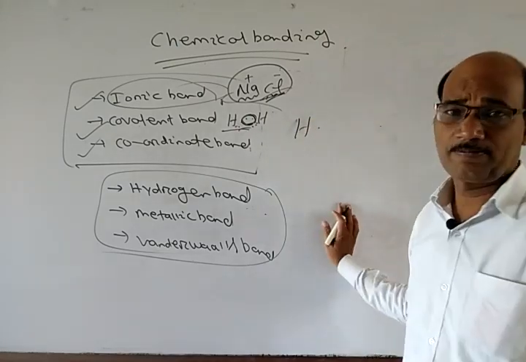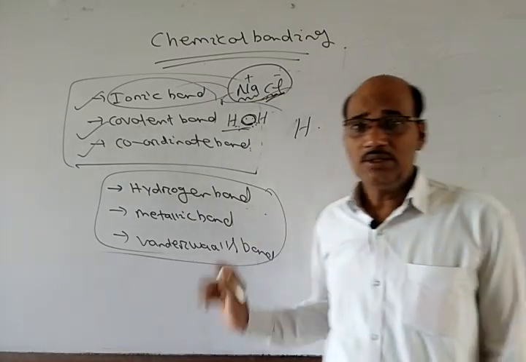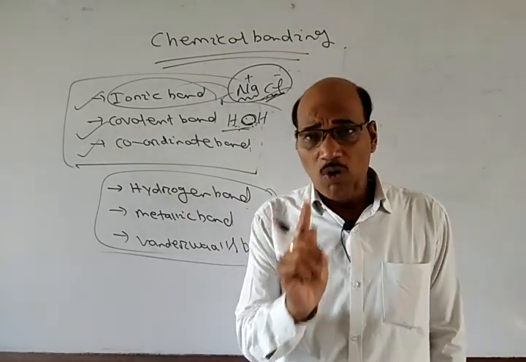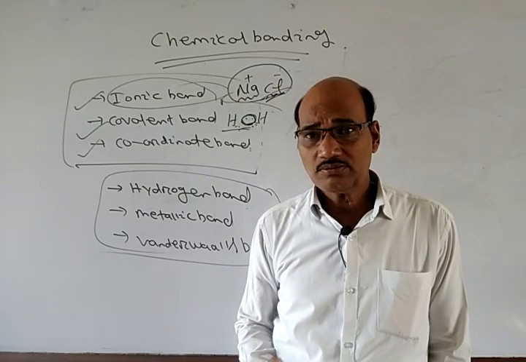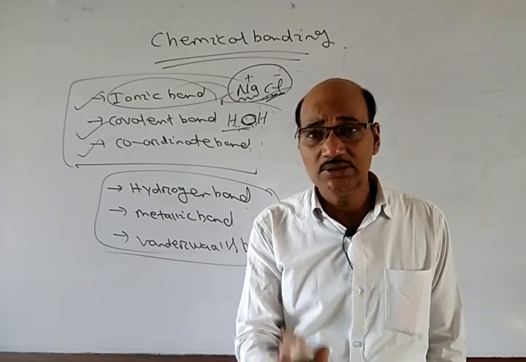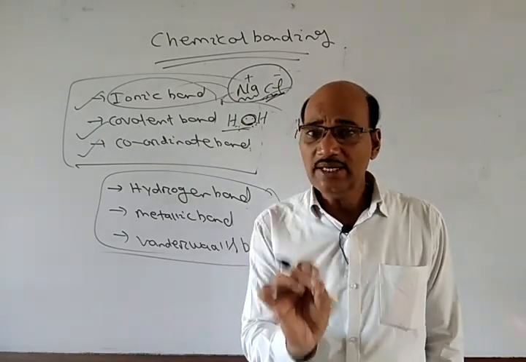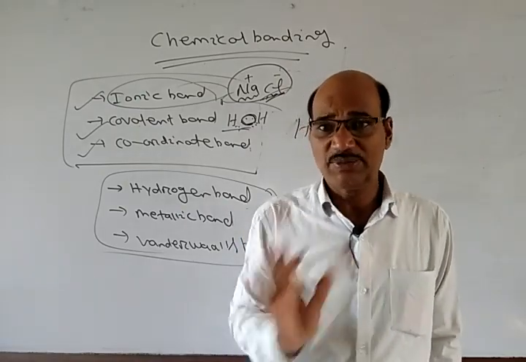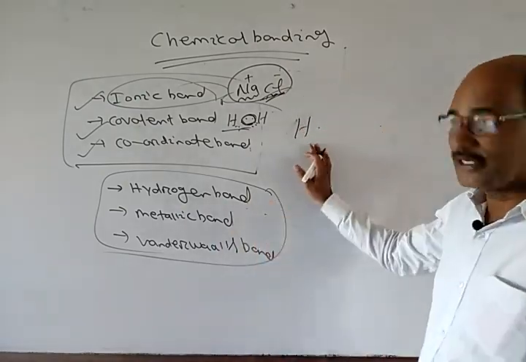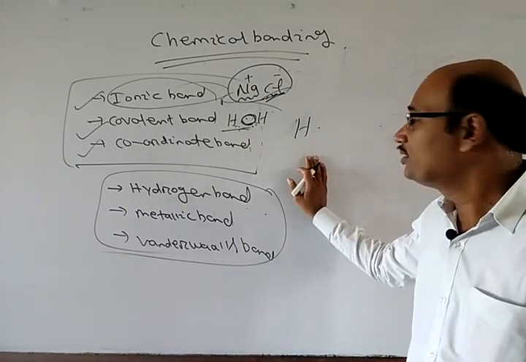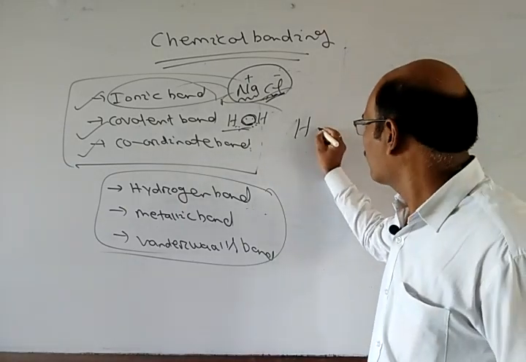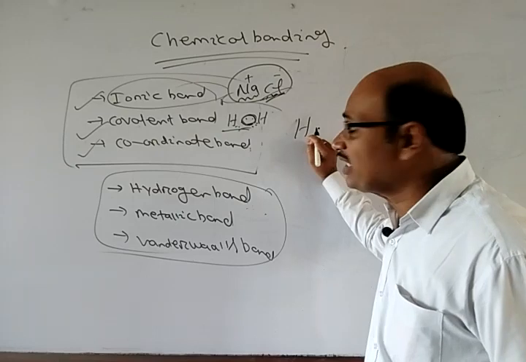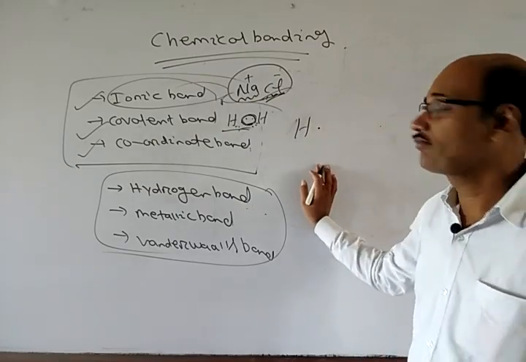Remember, if we have only one shell and that shell contains 2 electrons, that is called a stable doublet. Here hydrogen has only one shell with one electron, so it is one electron short of the stable doublet.